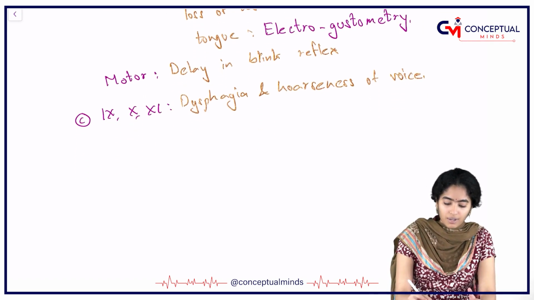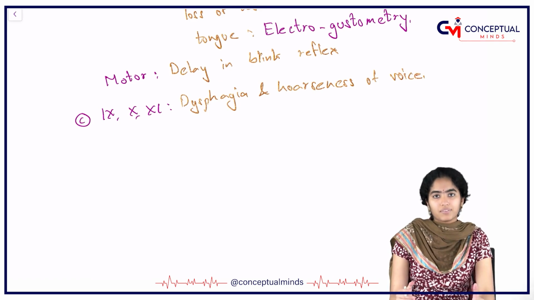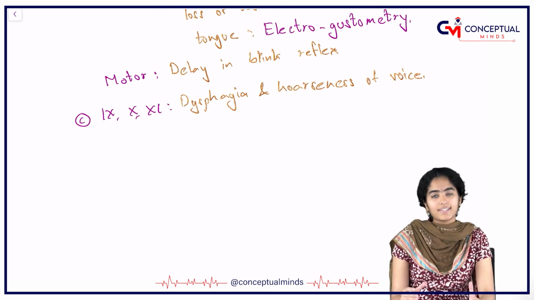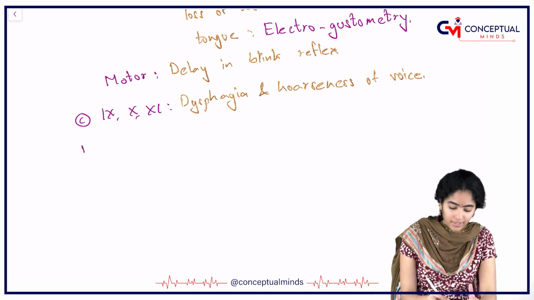Then in our order, after the cranial nerves, next what is affected? The tumor grows further in size and now it pushes the brainstem and exerts pressure effect on the brainstem.